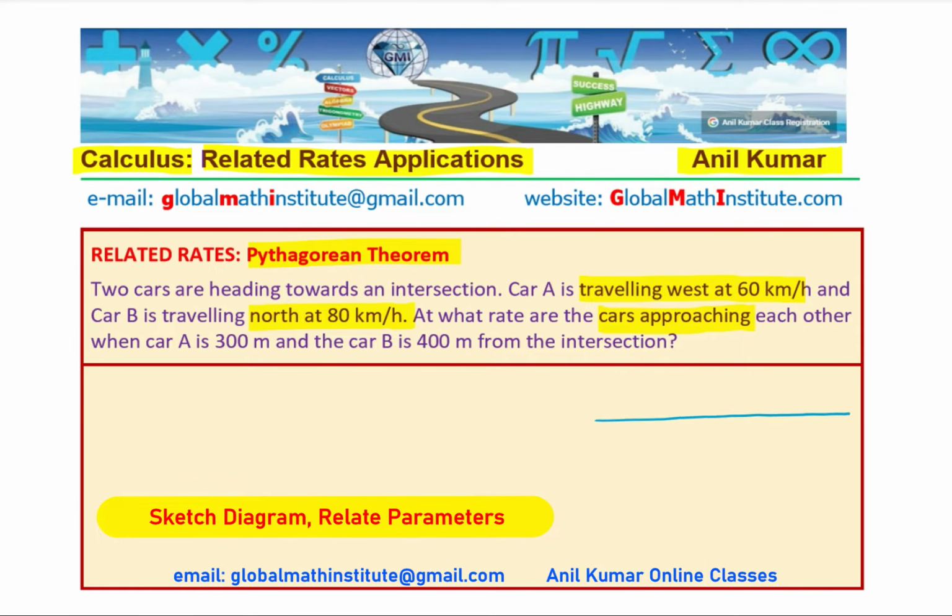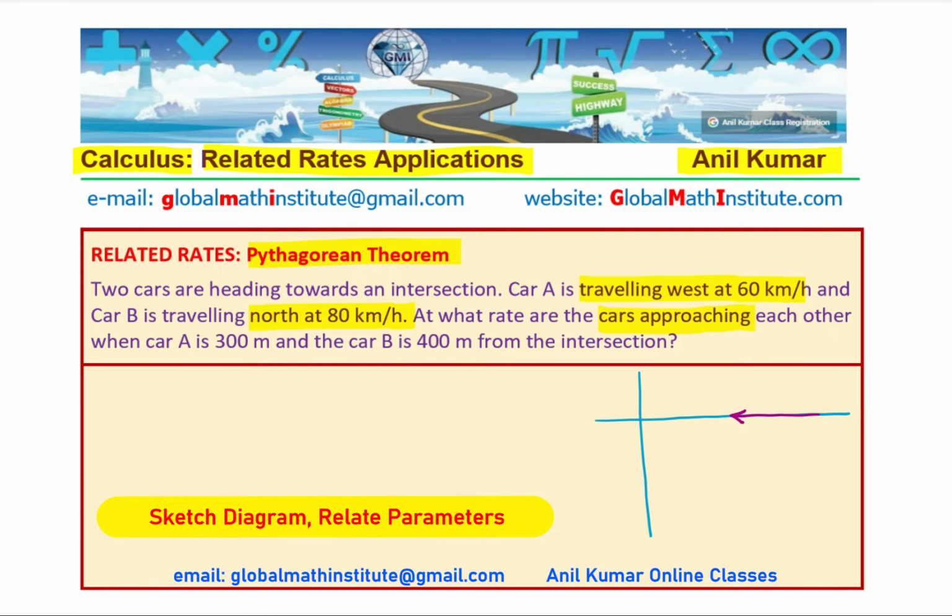So here is your diagram. There are two cars which are trying to approach. One is traveling west. So you'll start from east, okay? So what you have here is a car which is traveling in this direction. You see that?